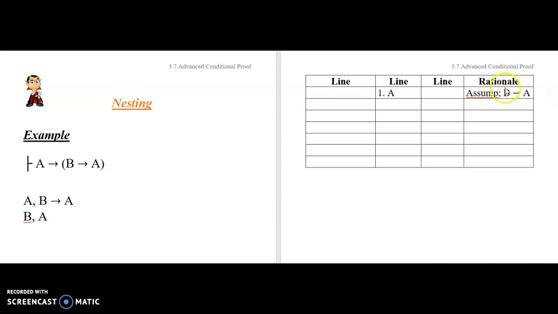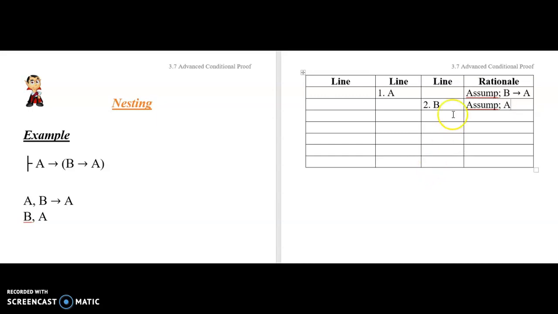And so we can say, maybe I can make another assumption within this particular assumption. So I'm going to make yet another assumption, and it's going to assume B, and then I'm going to be looking for A, as we noted. So let's get that on the board here. That's going to be yet another assumption, and that's A.